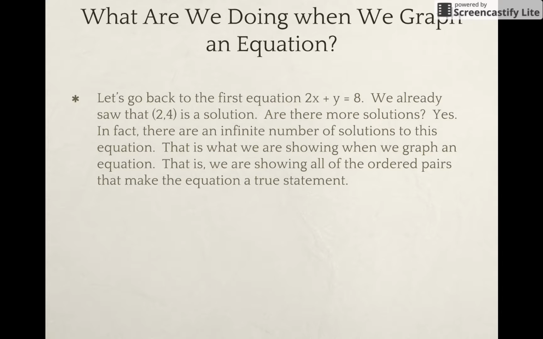Just like we saw that (2, 4) is a solution to 2x + y = 8, we could continue to find ordered pairs that make that equation true: x is 1 and y is 6, x is 0 and y is 8. All of those would work. So we're trying to visually represent where those ordered pairs are that make the equation true, that is, where the solutions to that equation are on the xy plane.